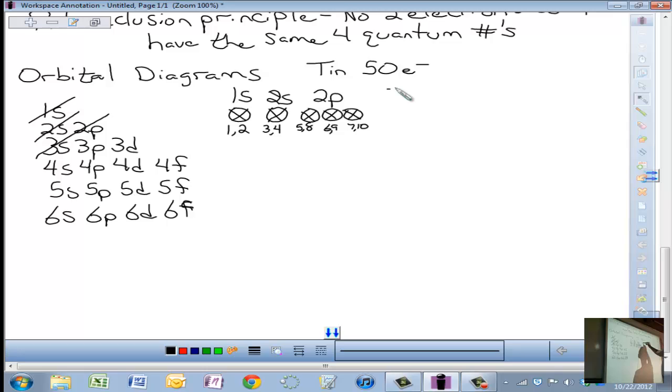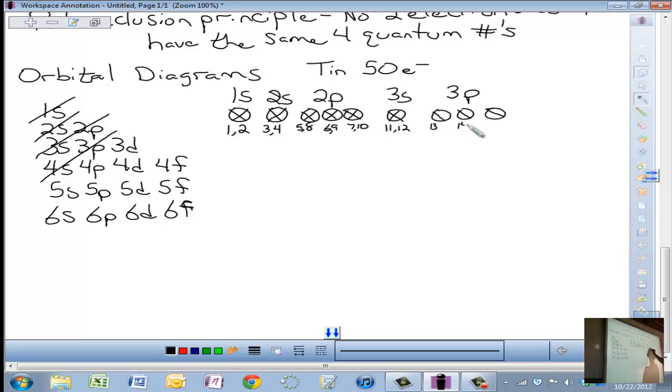After 2p comes 3s. And s is going to again hold 2 electrons or 1 circle. We go 3p. 1, 2, 3. So here's 13, 14, 15.